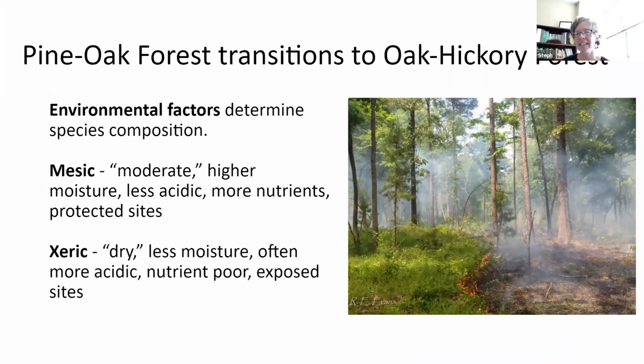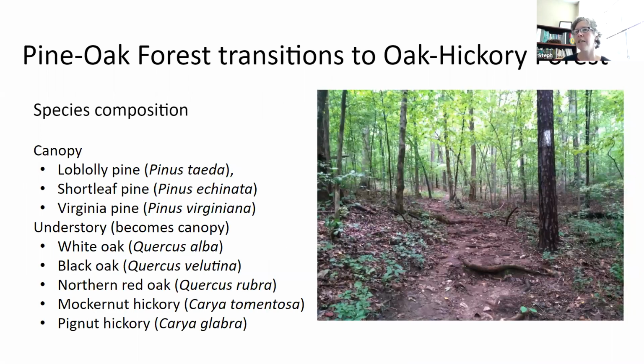So a protected site might have a bowl shape, and we're going to talk about this more in the mountains, but they might be protected from winds, from storms, and things like that. Exposed sites are more prone to lightning strikes and also high winds. So for any of these forests that we're going to look at, you can see a Mesic version versus a xeric version.